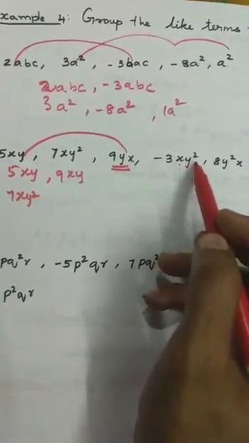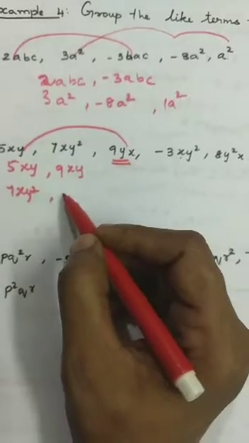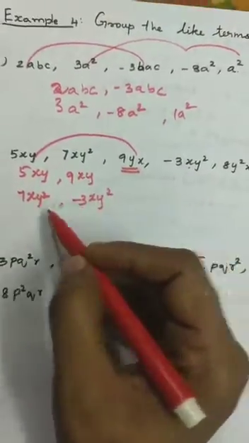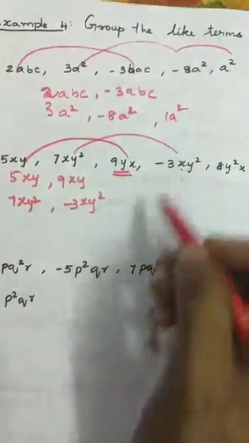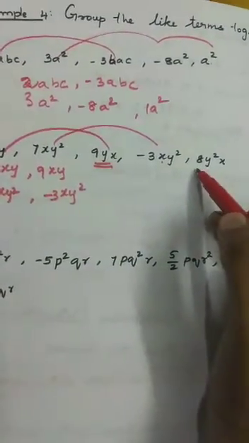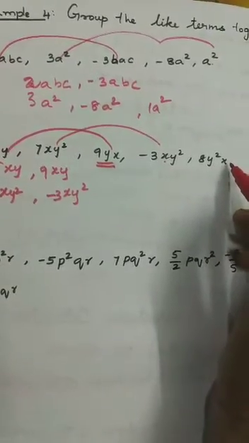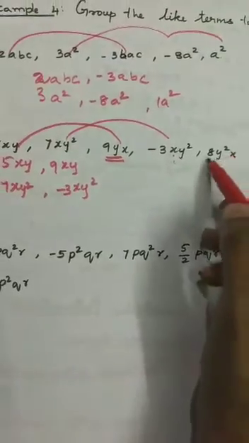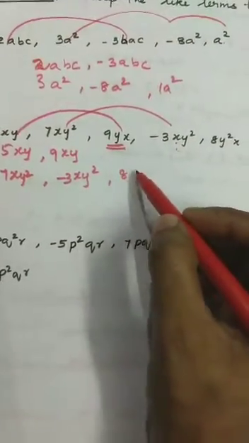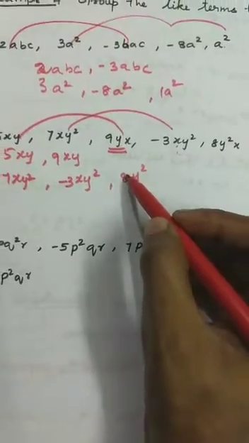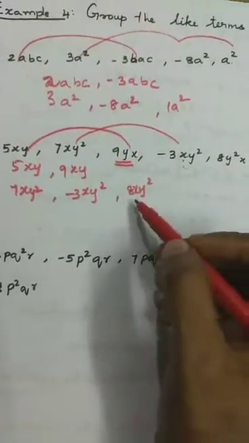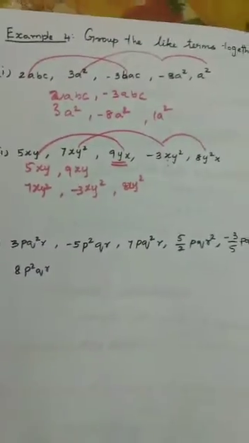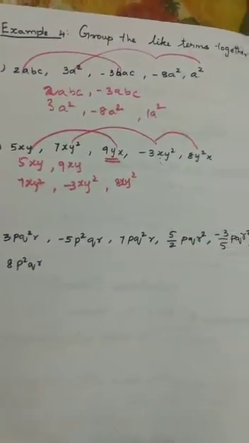Yes, here one xy square. You have to see the variables are same means they are like terms. These two are like terms. And see here 8y square x. Here xy square. Both are same, no? Then this also y square x or xy square. Both are same. These three are like terms. Have you understood what is meant by like terms?